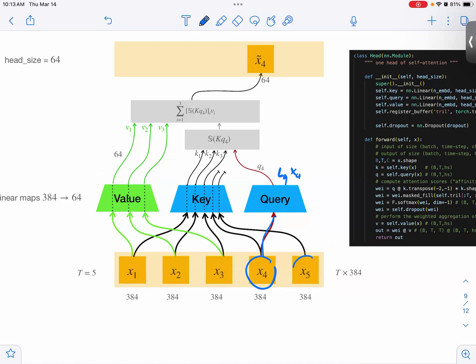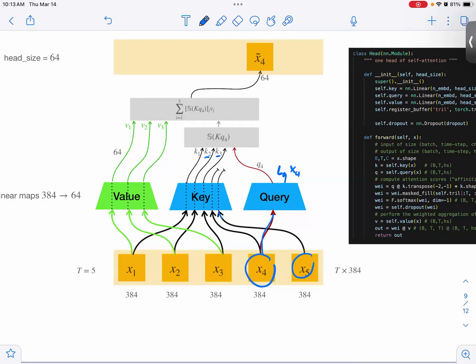So all the words pass their encoding through another linear operator, a linear layer. And each one is translated to a key. So K1, K2, K3, K4, K5. And then you compare this query to these keys via this numerical transformation.